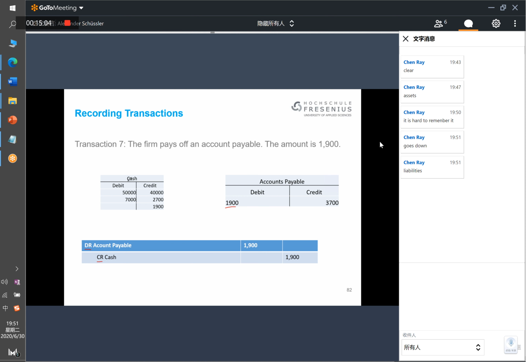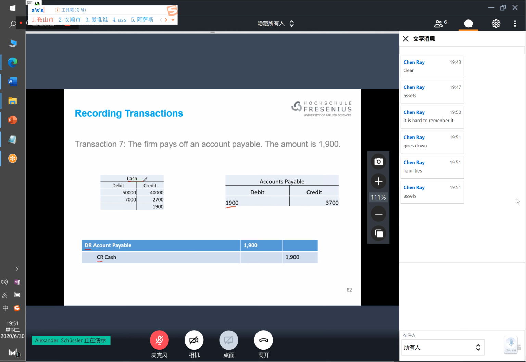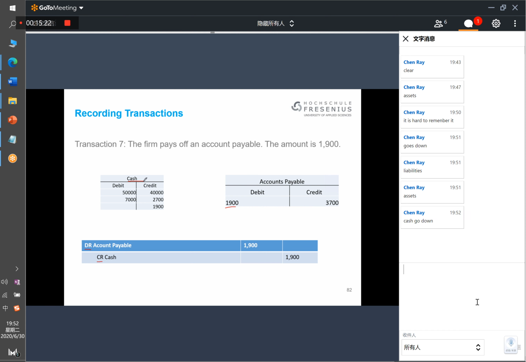What is cash, asset or liability? Asset, exactly. When you credit it, does it go down or up? Cash goes down. Very good. So the liability goes down and cash goes down, which makes sense because the firm pays off an account payable.